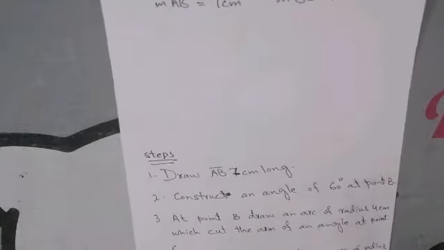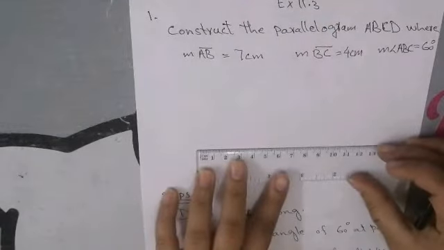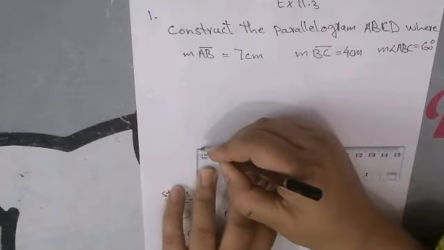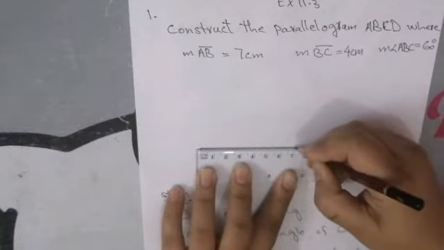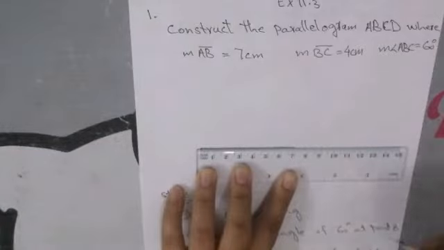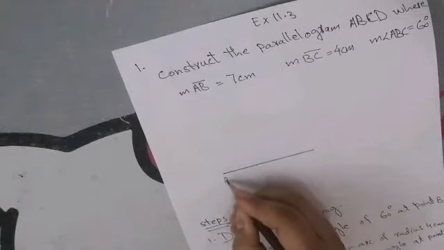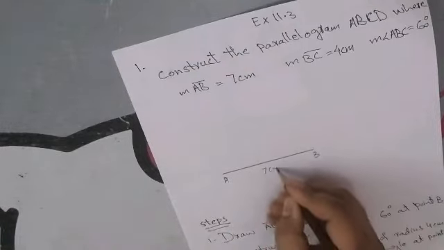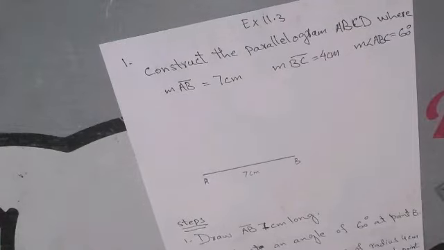So first of all, you draw a line of length 7 cm. AB 7 cm long you have to draw. For this you write: draw AB 7 cm long.